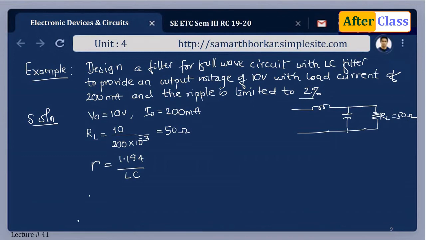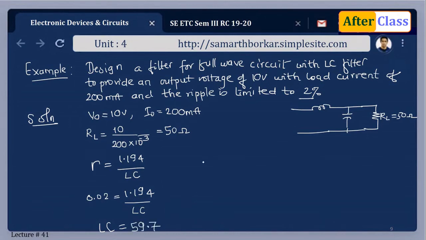So you have to take it as 2%. So 2% means 2 divided by 100. So it is 0.02 equals 1.194 divided by LC. So this product LC equals 59.7.